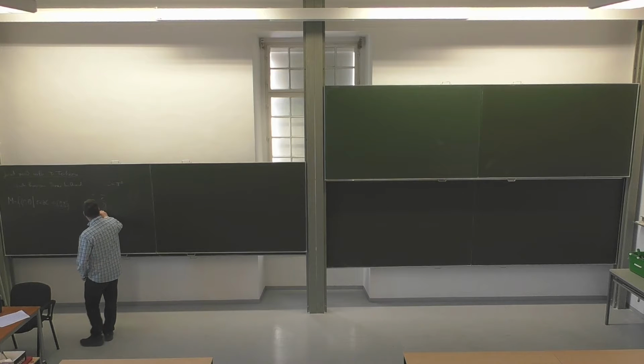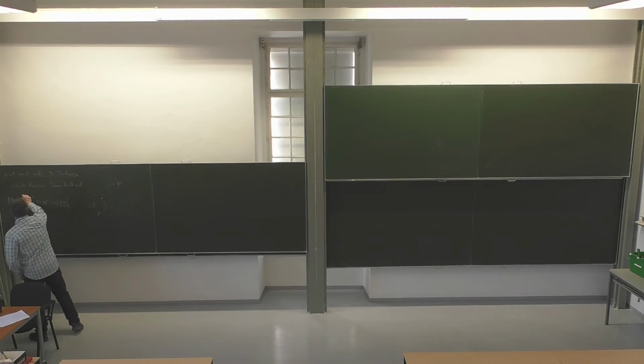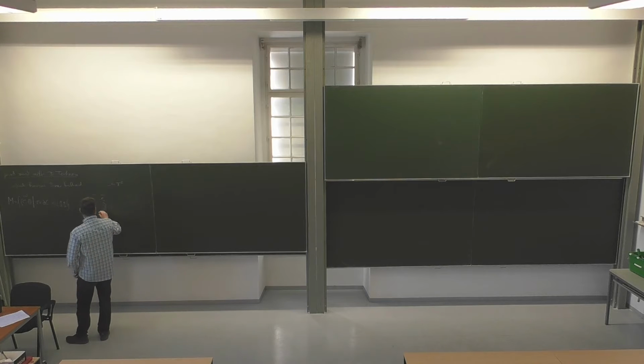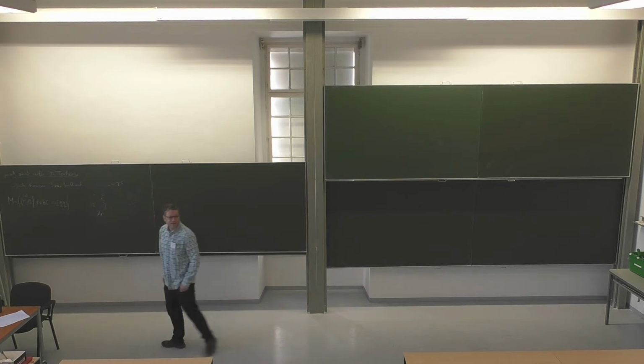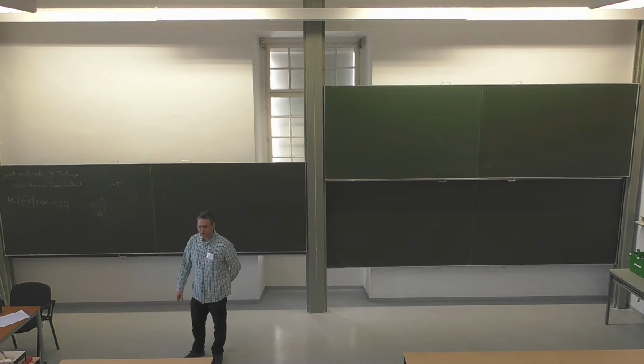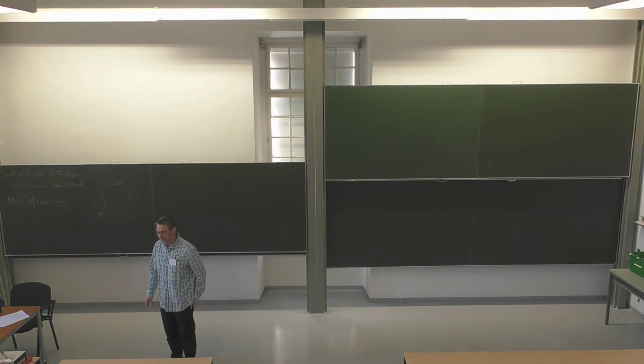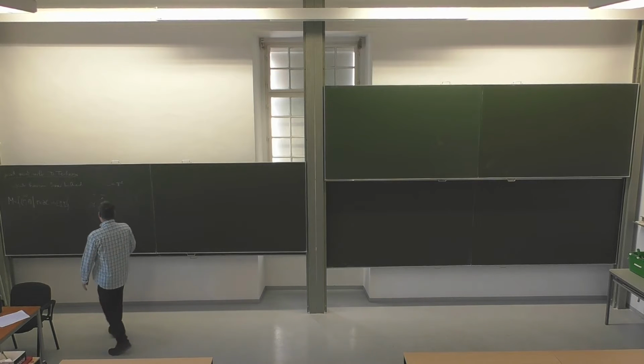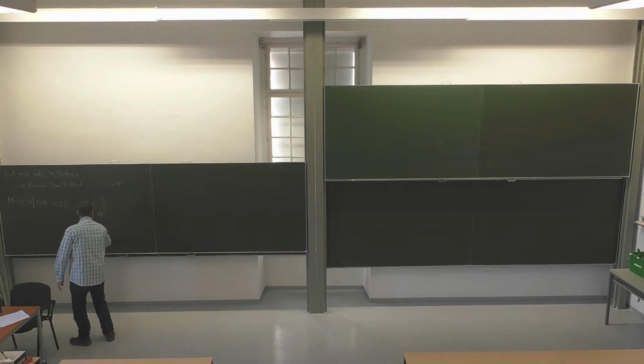Here's my configuration, which I will denote by omega. There's an R and a phi, which is the outgoing velocity measured with respect to the normal at the point of impact. So many of you know this system.